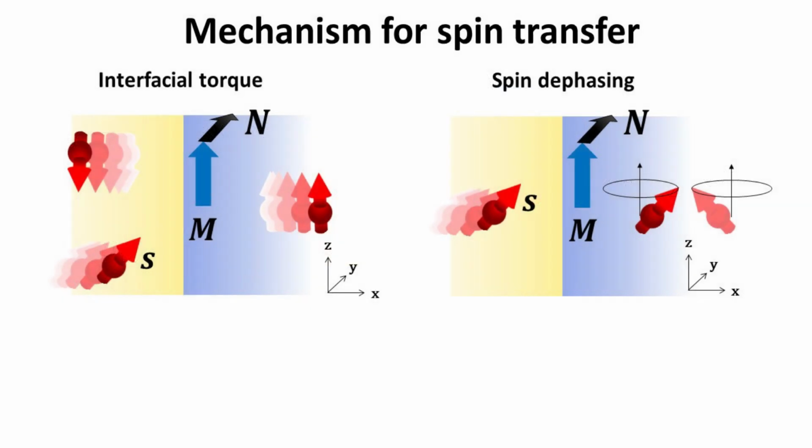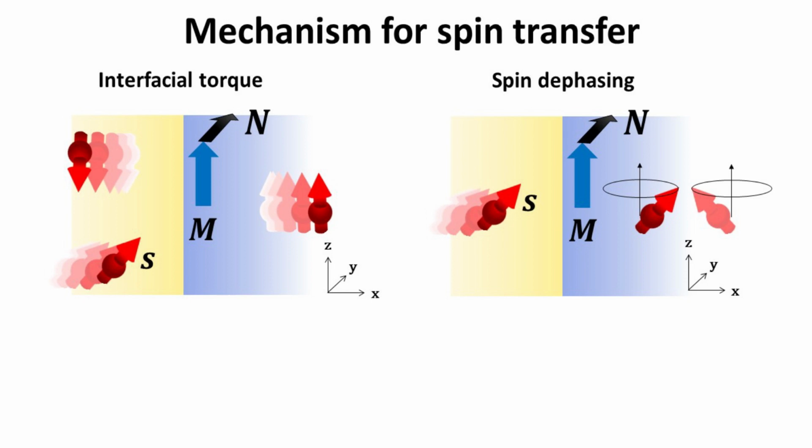It is important to emphasize that there are other mechanisms for spin transfer torque. The interfacial torque due to spin-dependent reflection is just one of them. Another spin transfer mechanism is based on the concept of spin dephasing. Here, the transmitted spin precesses around the exchange field of the magnetic material, as illustrated in the right sketch.